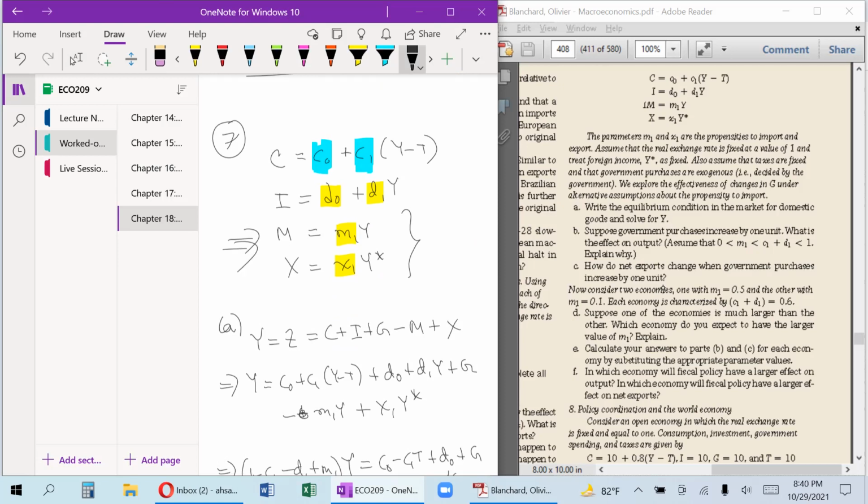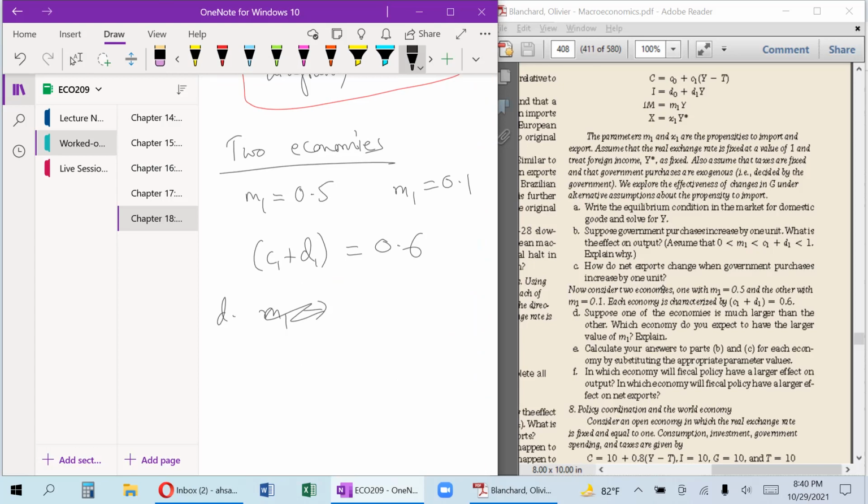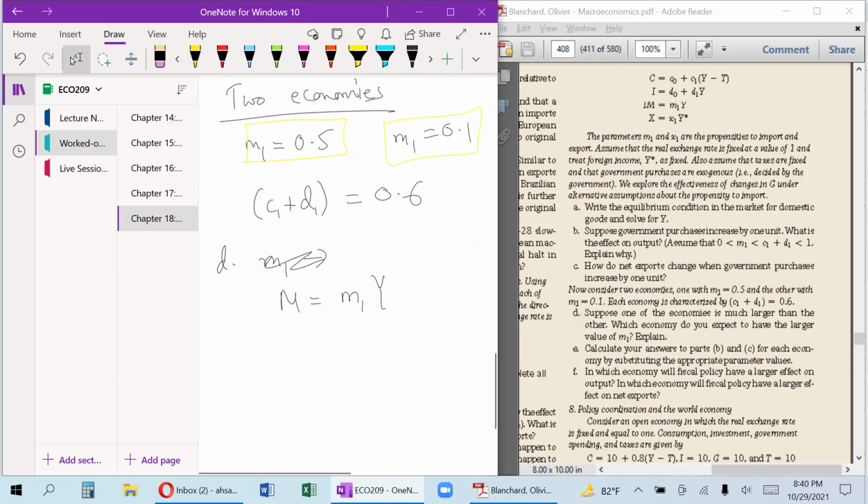Let's bring this equation down actually. So what we have is import is equal to M1 times Y. Now the values of M1, you see 0.5, 0.1, are fractions, less than 1. What M1 is, I hope you've been able to figure it out on your own. If not, I'm writing it down. M1 is the propensity to import.